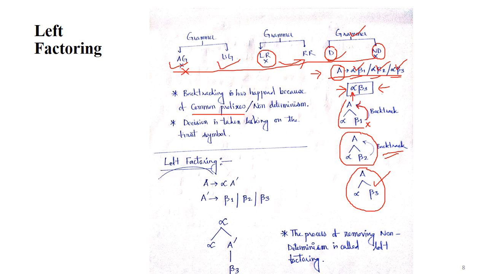In all the productions we have common alpha, and also the input symbol, that is the expected output, is also having some common prefixes. So this type of common prefixes always generate backtracking. So we need to remove common prefixes as well as non-determinism.